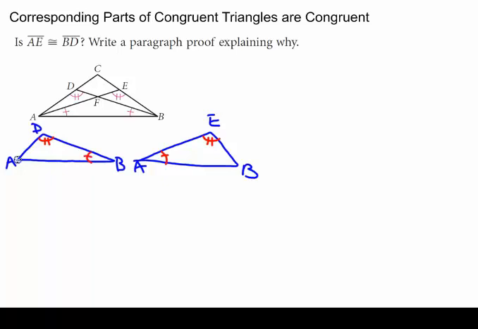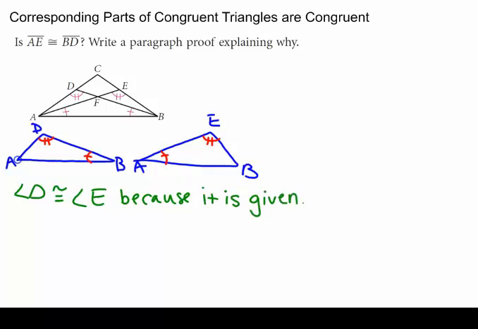Okay, so when I write my proof, I can say that I know that angle D is congruent to angle E because it is given. Now this is just an example of a paragraph proof where you're writing sentences instead of the two columns.